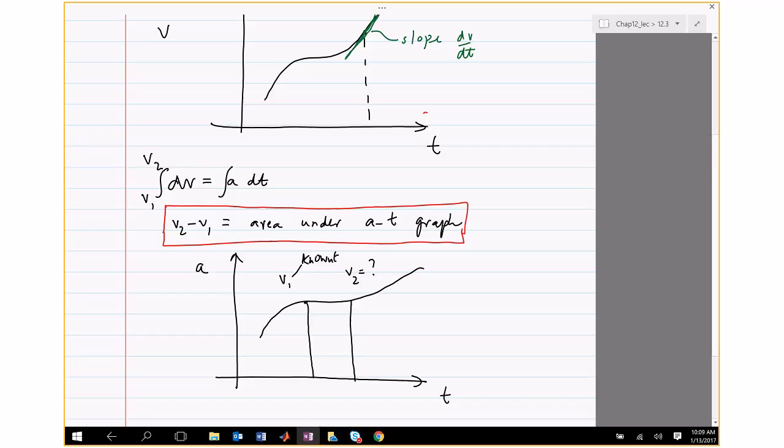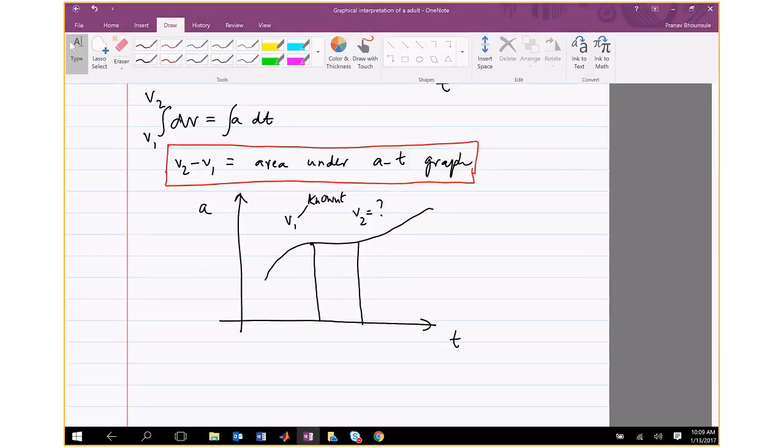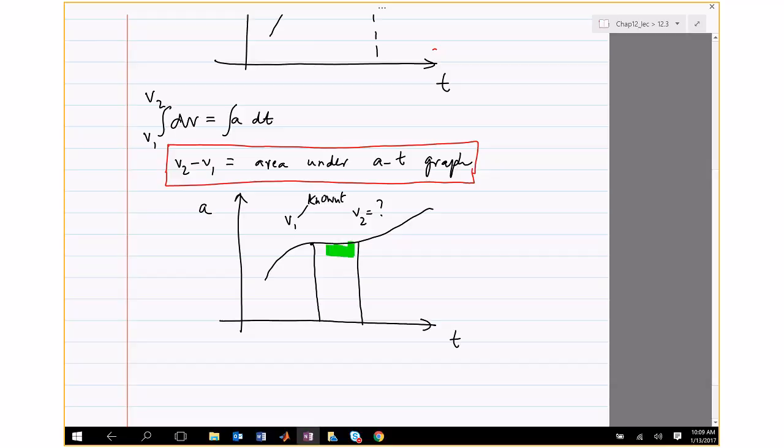Then what I can do is use the area under the acceleration time graph. This is the area. So this is integral a dt, between times t1 and t2. So I can put that here.